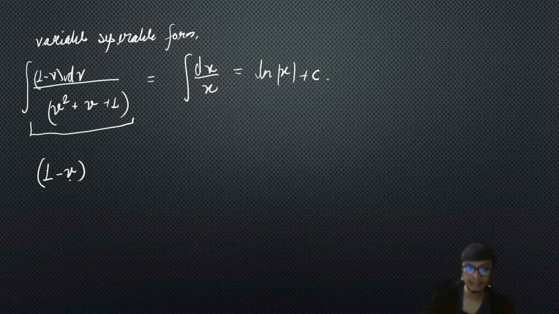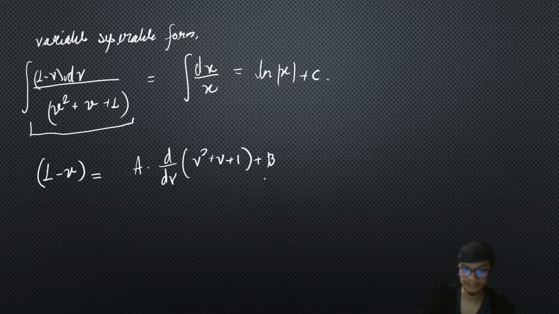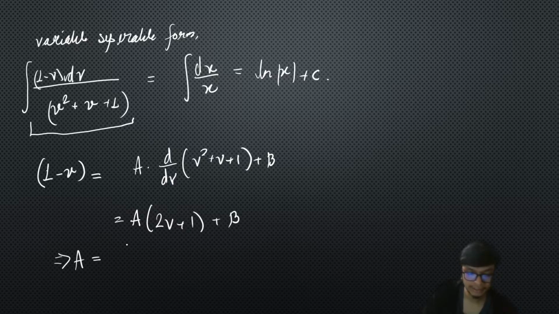I will assume that 1 minus v is equal to some constant times d upon dv of this denominator plus some constant. Now if we solve for this, we will basically get a times of 2v plus 1 plus b.